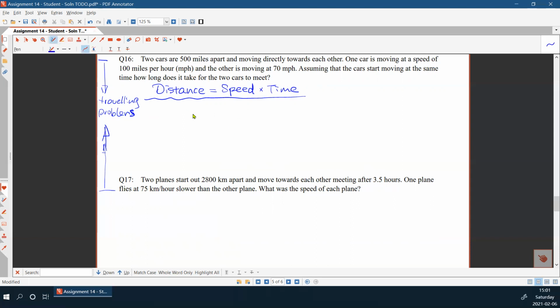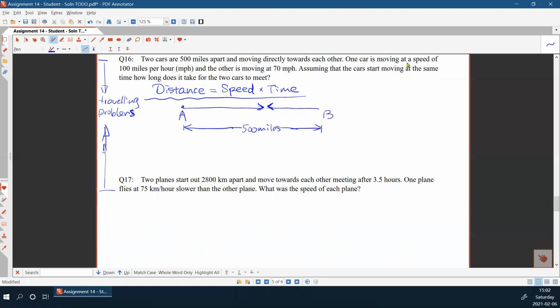Okay, so here we can draw a diagram to illustrate this question. Two cars are 5 miles apart and moving directly towards each other. So you have a car here, let's say it's car A, traveling at some speed, and car B traveling towards A, right? And the total distance between these two cars is 5 miles.